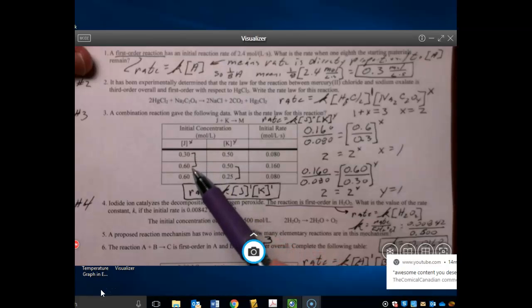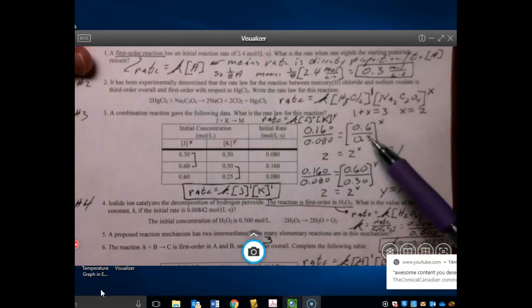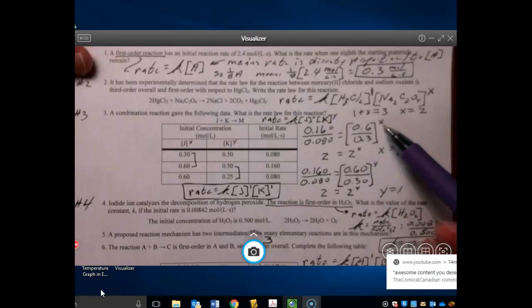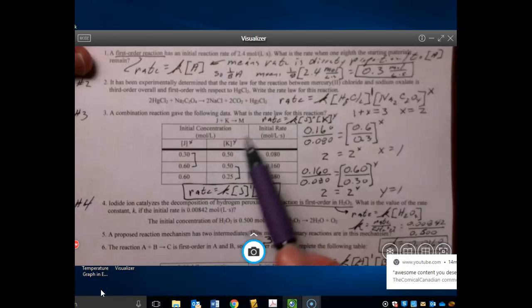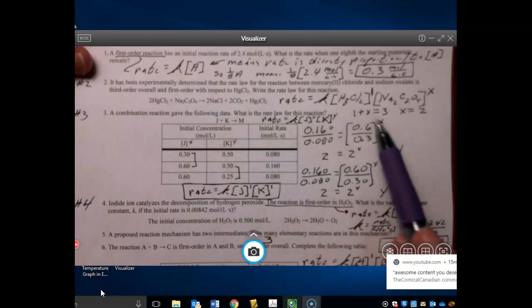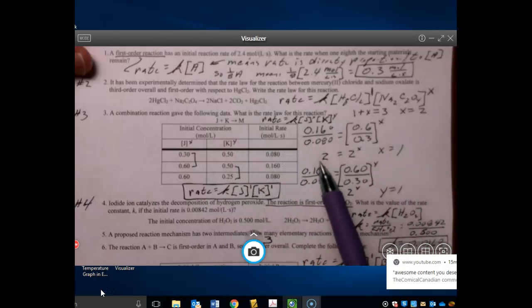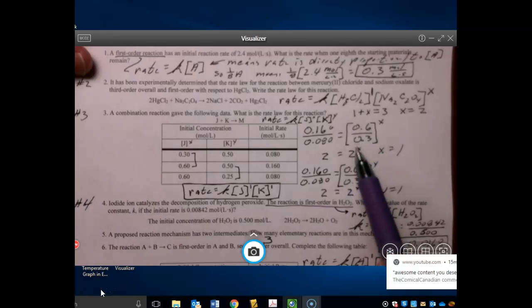In this case, J is changing. 0.6 divided by 0.3, and I always take the big one divided by the little one just because it makes the arithmetic a little bit easier. And the power of this, we said that J was to the x power, so I made this to the x power. So 2 equals 2 to the x, so x must be 1.